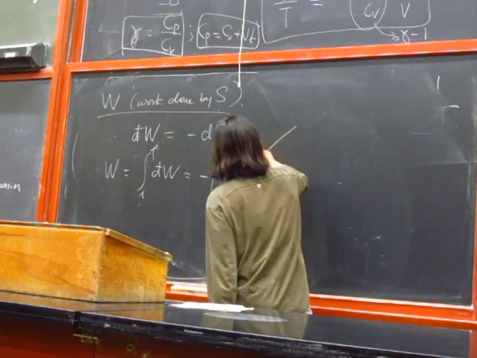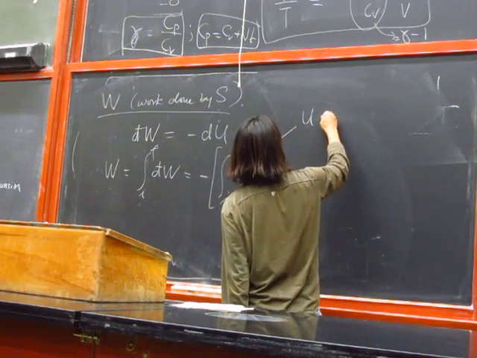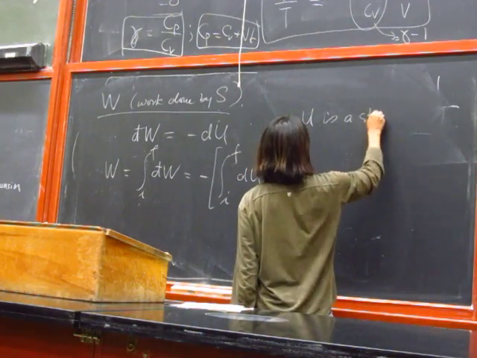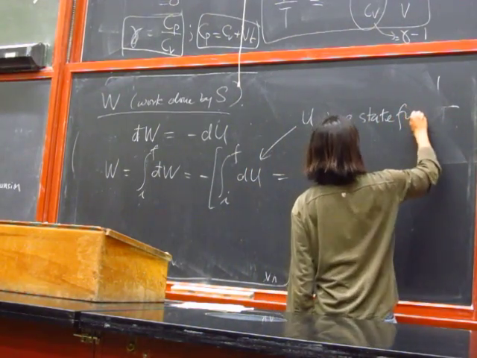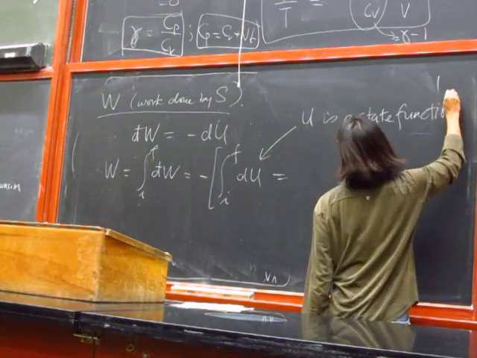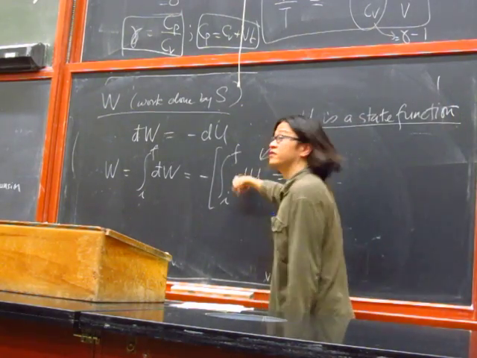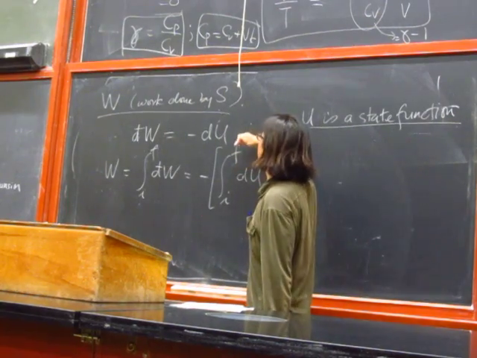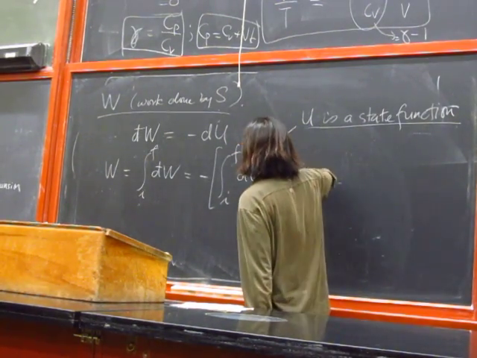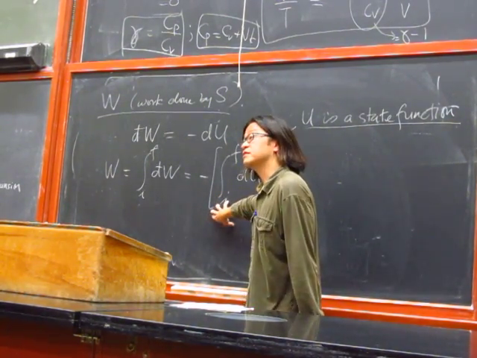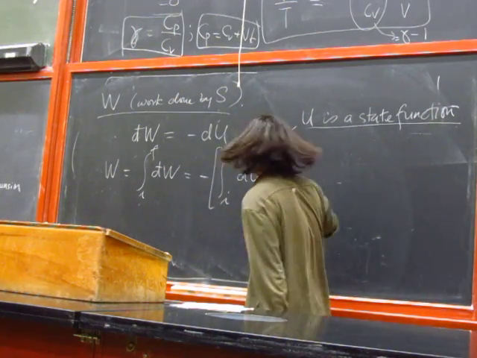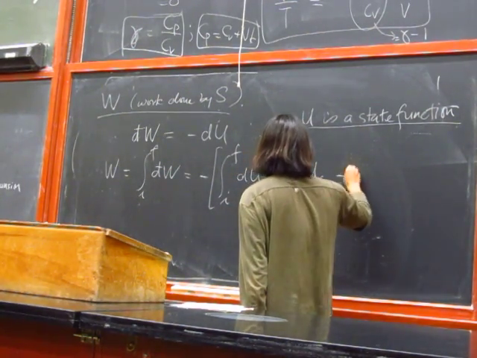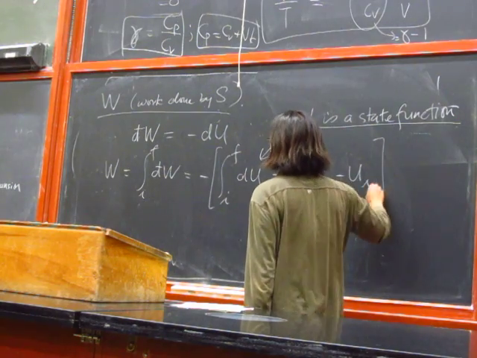But we know that U is a state function. Therefore, this integral is only a function of the energy at the final state minus the energy at the initial state. This is just U_f minus U_i.